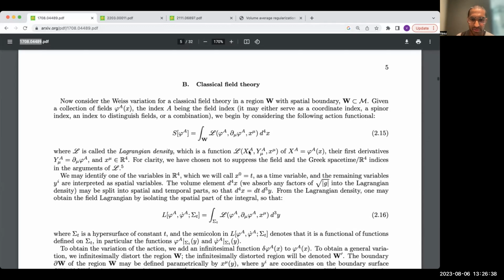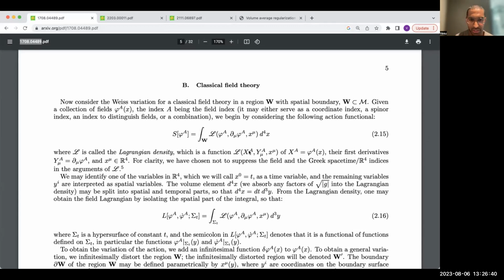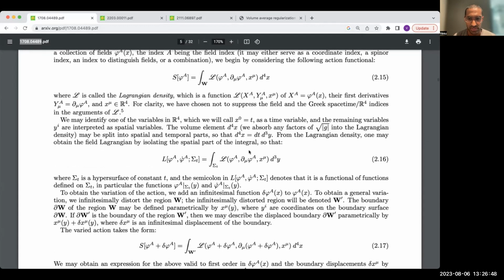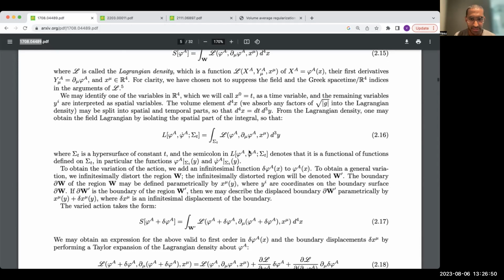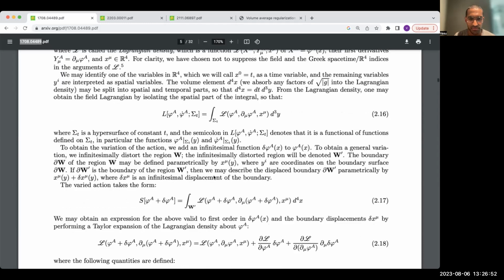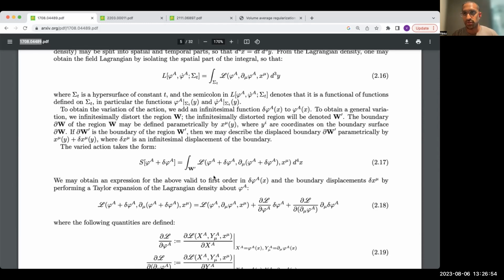So basically what we're going to do is look at what happens when we actually vary the embedding of the boundary. And we'll see basically how that manifests. So it's easier to just go through the mechanics of the variation rather than dwell on the definitions of the various symbols, is what I find.